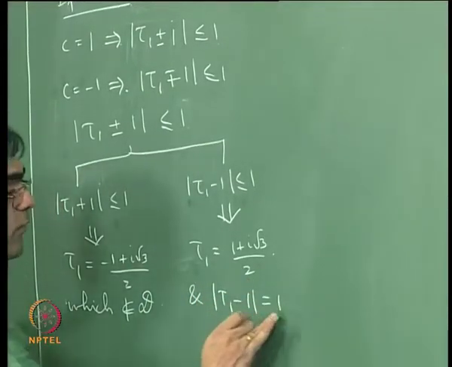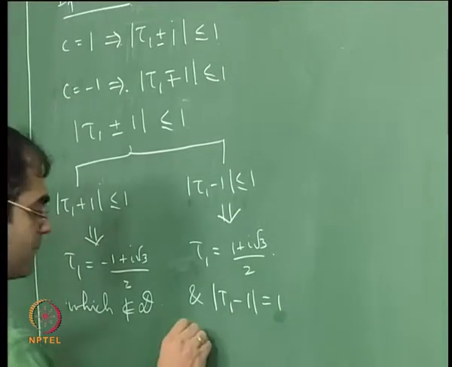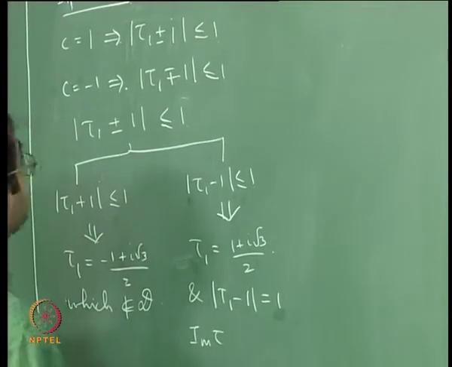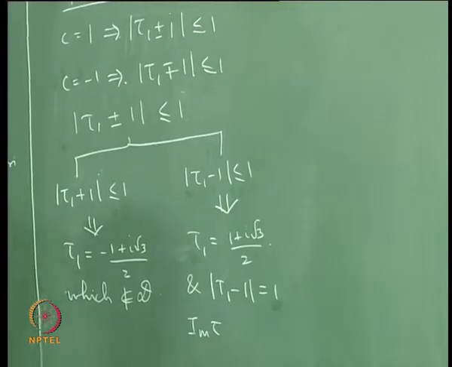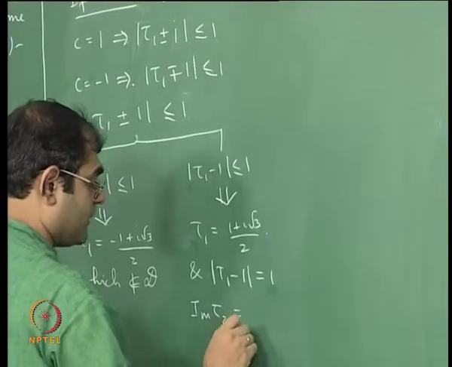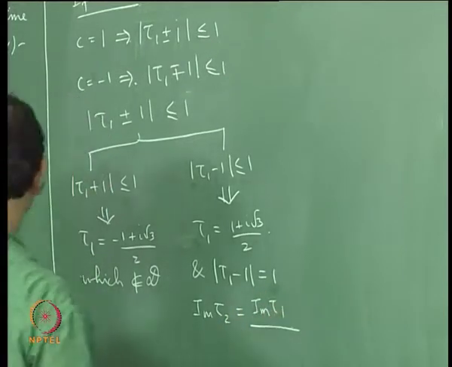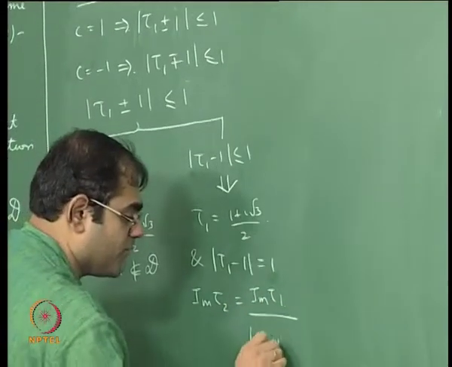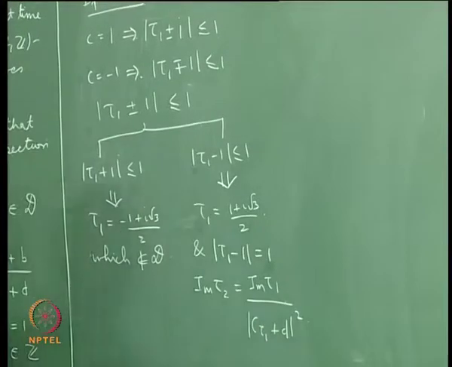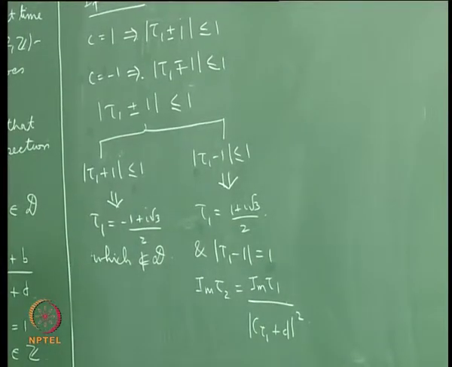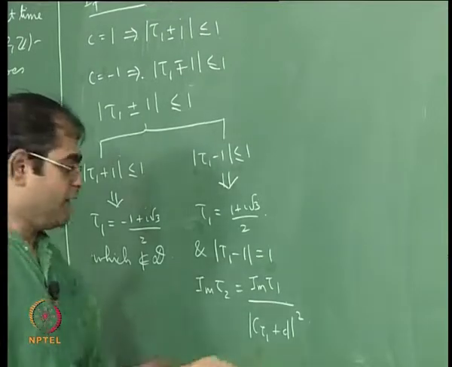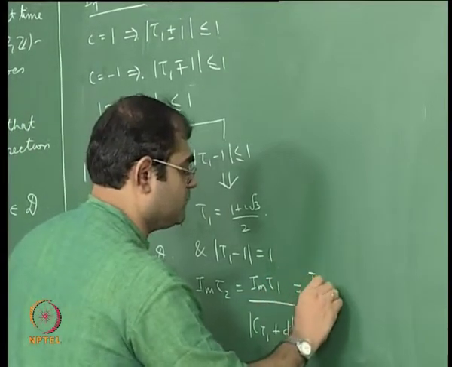Then if you calculate the imaginary part of tau 2, it is the imaginary part of tau 1 divided by mod c tau 1 plus d the whole squared, and in this case that denominator is 1, so this is exactly equal to the imaginary part of tau 1.